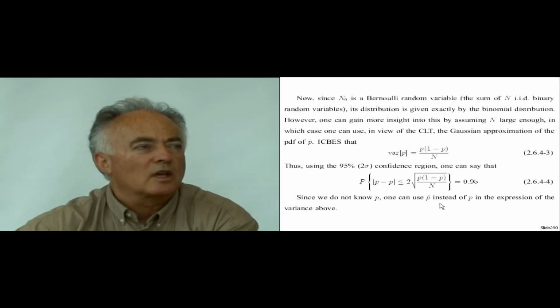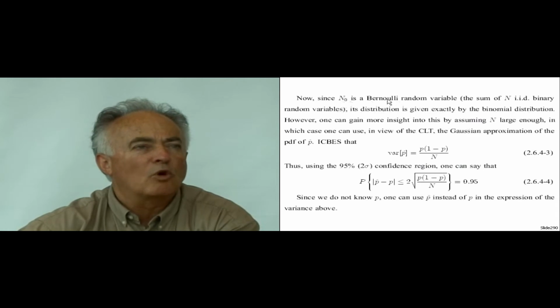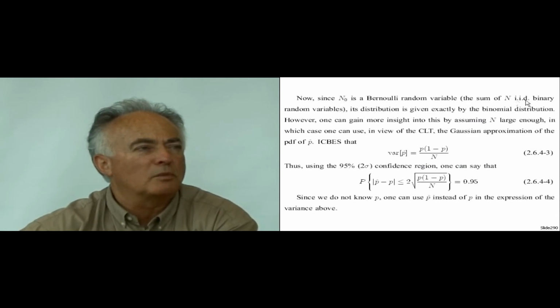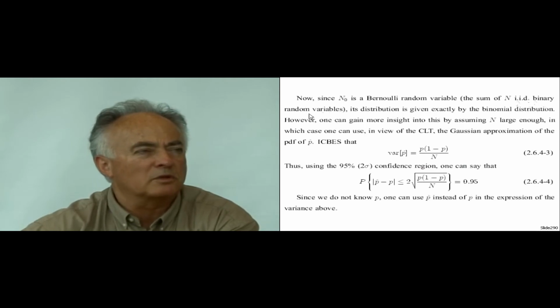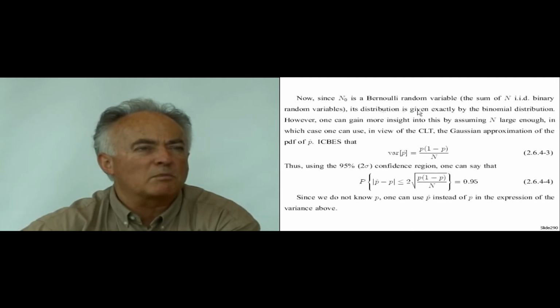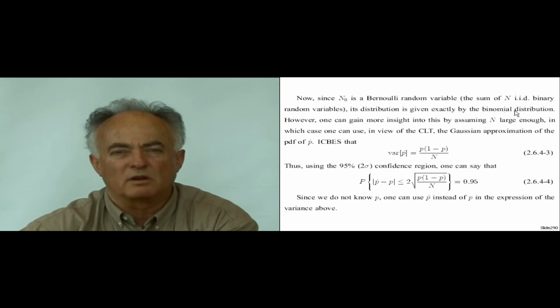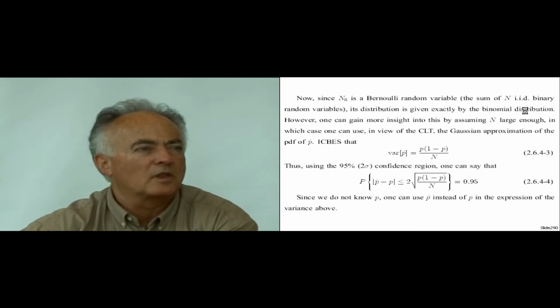Now, n0 is really the sum of n independent, identically distributed binary random variables, so it's really a Bernoulli variable, and its distribution is given exactly by the binomial. So it's that binomial random variable.